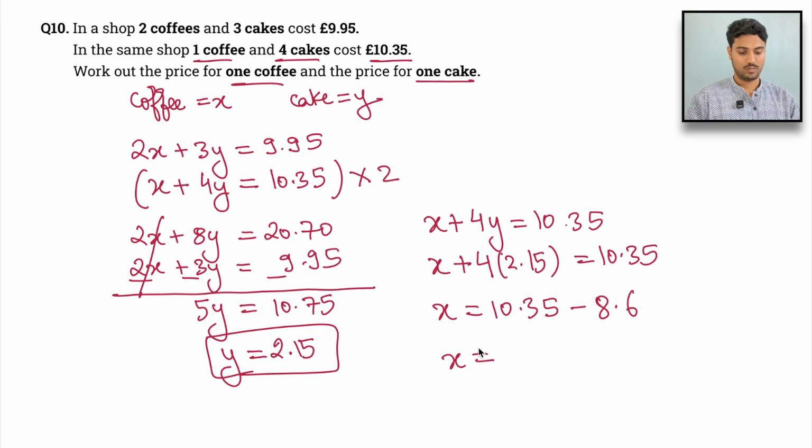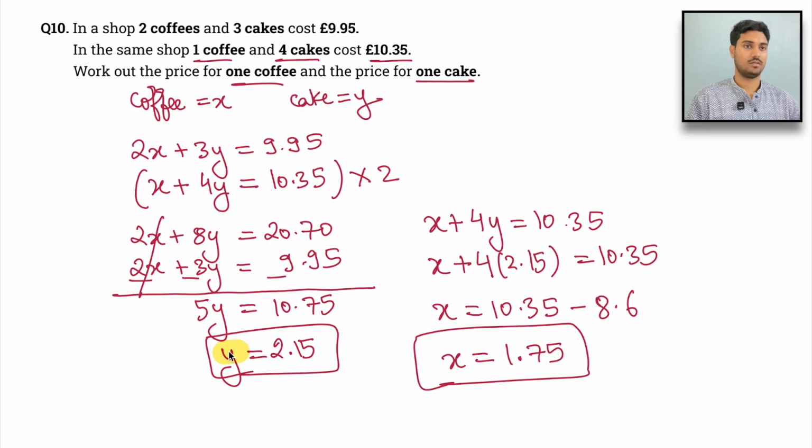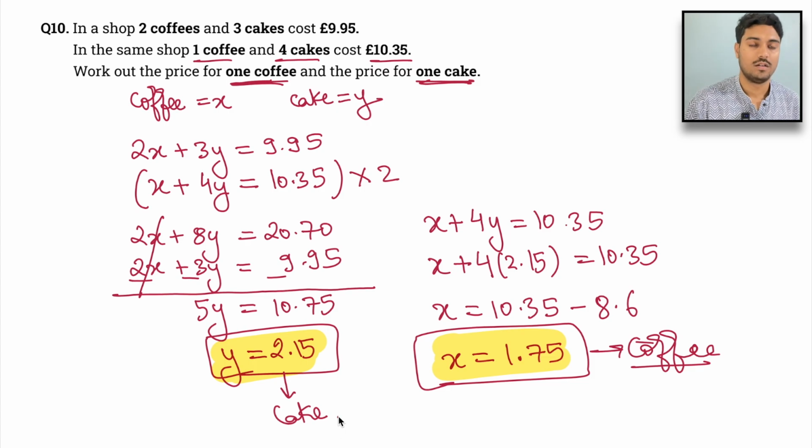So x equals 10.35 minus 8.6, which is 1.75. And that's the value of x. So we can say that the price of one coffee is 1.75 pounds, and the price of one cake is 2.15 pounds. So we are done with the entire worksheet, all the questions.